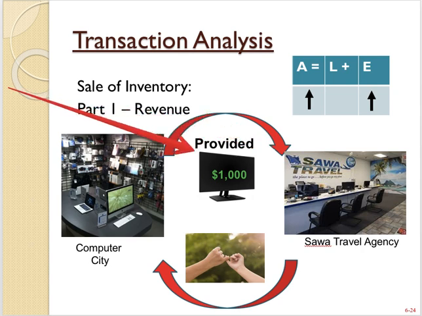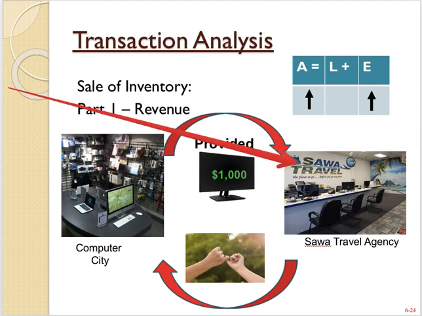And it wasn't just the monitor itself, it was the fact that we provided it. So the value that we provided to Sawa Travel was $1,000. They were willing to pay us $1,000 each for the monitors because we put it in our store, we made it look nice, we let them test it out, we had a nice display.